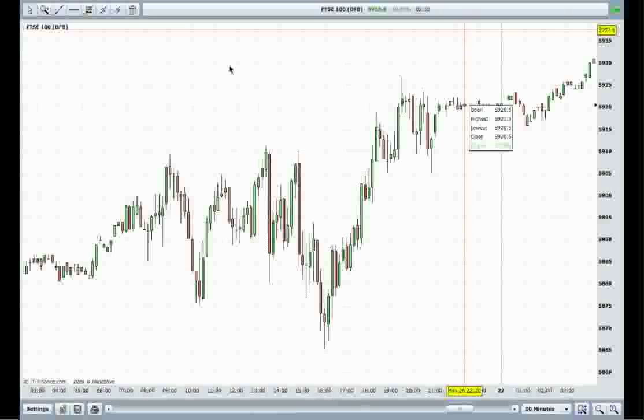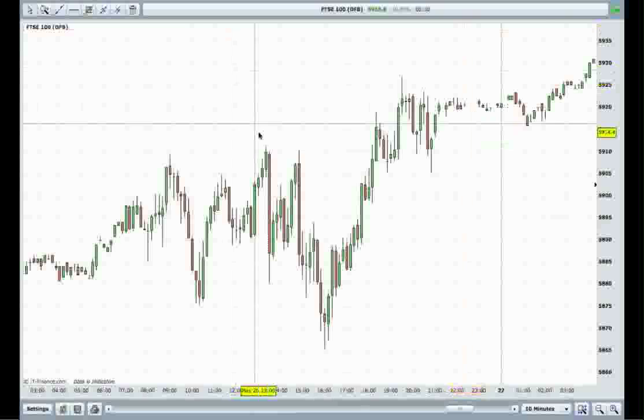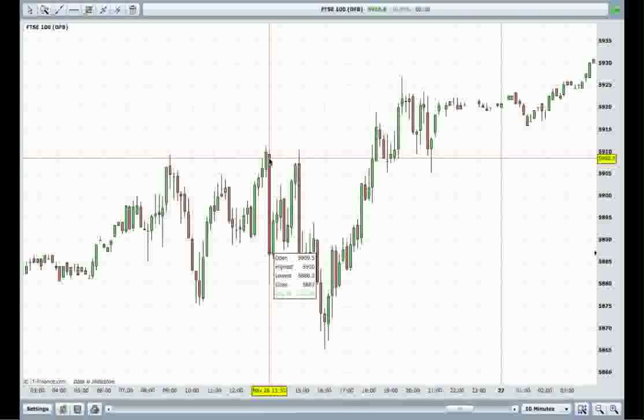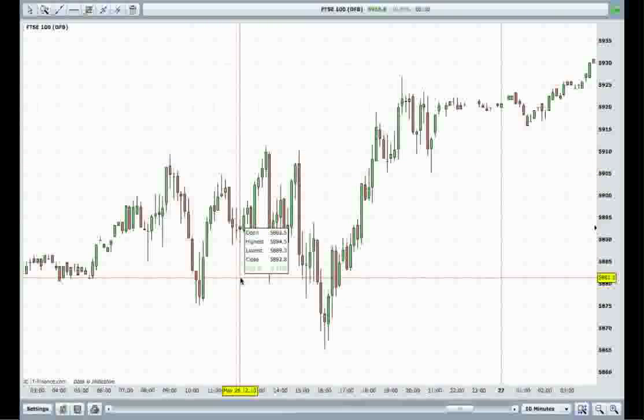I'm not going to be looking at technical analysis today, but I will just flag two areas I was looking at last Thursday, which was the 26th of May. The market actually hit 5910 on two occasions, and we can see there were two very clear selling rejection bars here, each bar comprising almost around 30 points. So in a few moments the FTSE lost 30 points from hitting this key level at 5910.